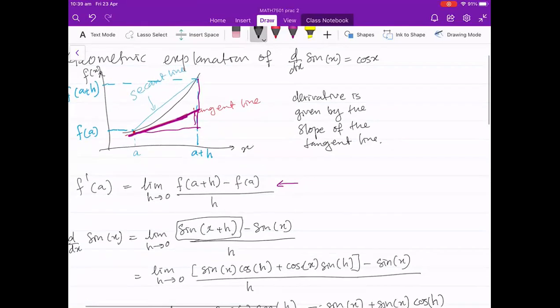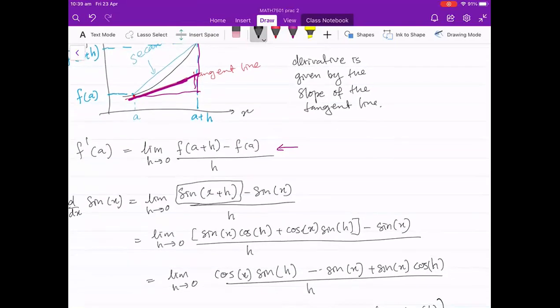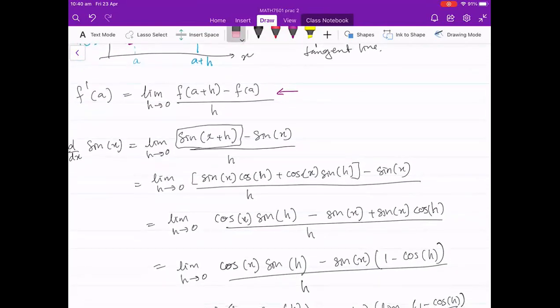That's the second step. Now you can collect all the sine terms. All right.